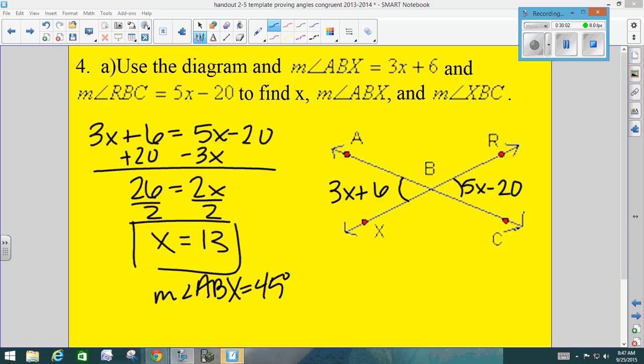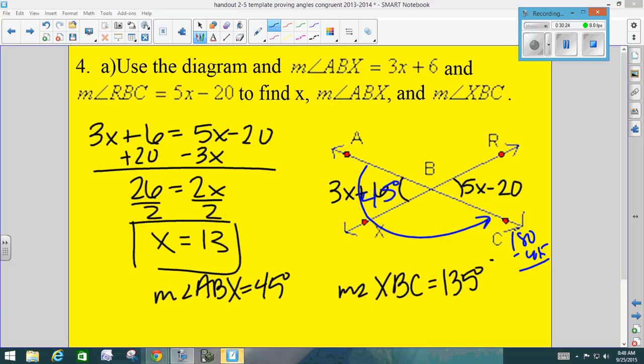And find the measure of angle XBC. XBC, that's the bottom blank one. How are we going to find that one? Yeah, subtract it from 180. I know that the one on the left is 45. 45 and the blank one form a straight line. That's 180, take away 45. 135? Thanks.